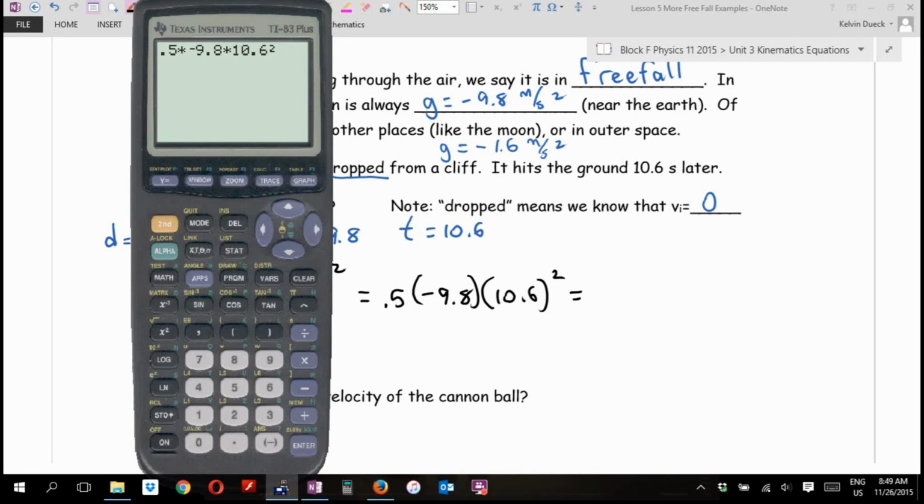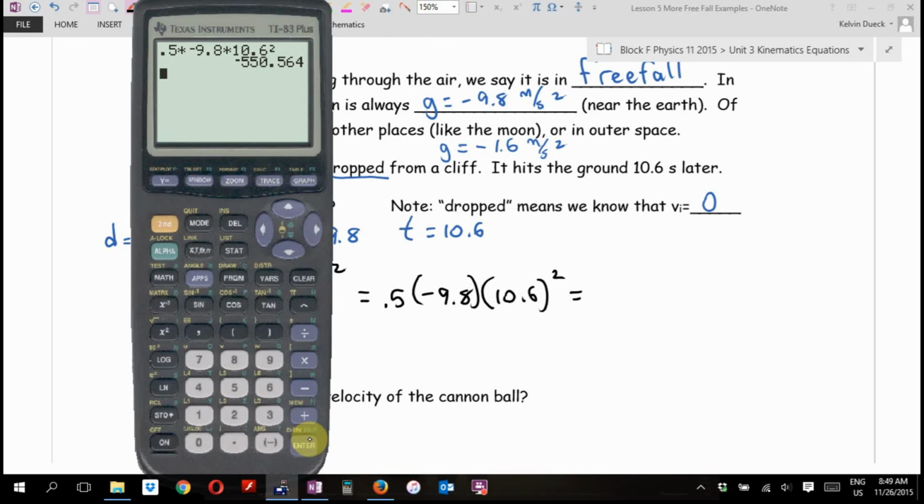What did you get on your calculator? That would go way faster if people typed faster, because otherwise you end up with more homework because I'm waiting and stalling. What did you get? Negative 551. Let's write that down.